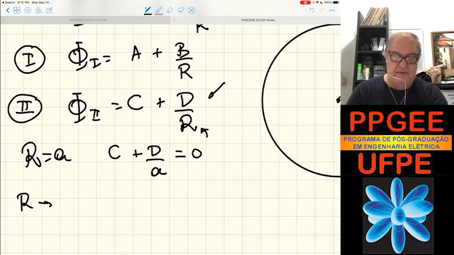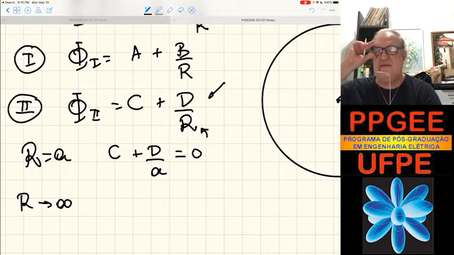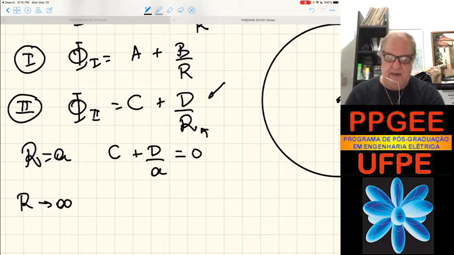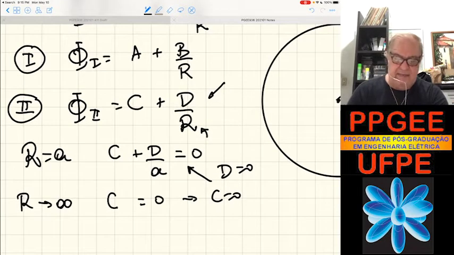Also, I will impose that the potential at infinity is 0. There's no electrical activity outside. So C plus D over infinity, which is 0, equals 0. So we have here C equals 0. Then, if you go there, D equals 0. So outside, the potential is always 0.